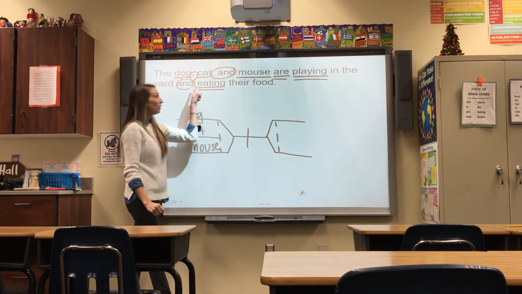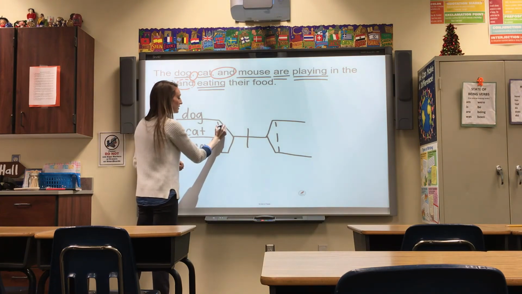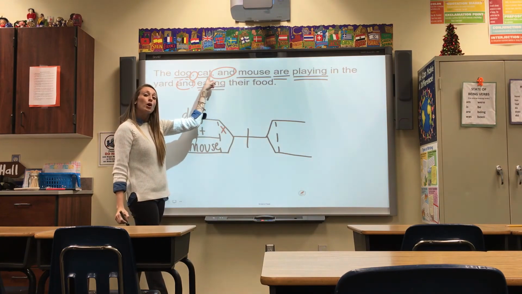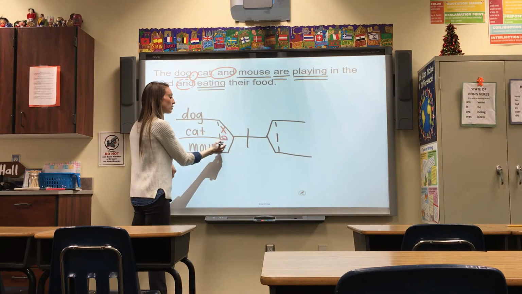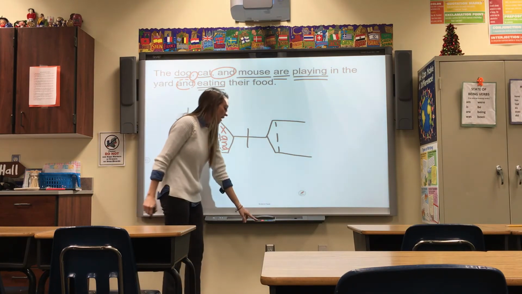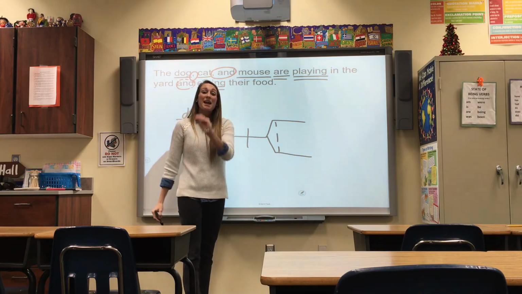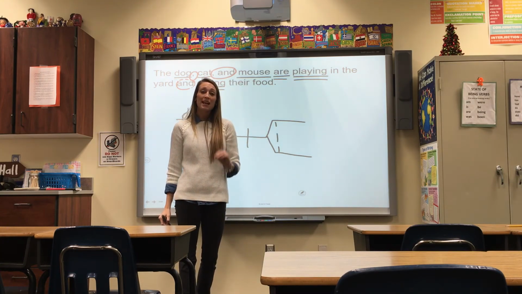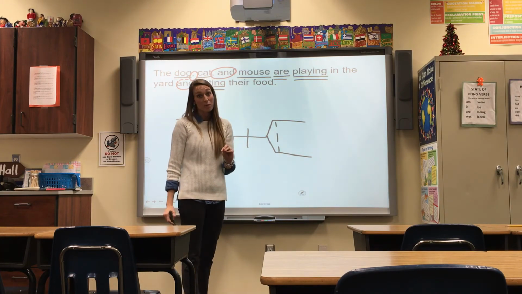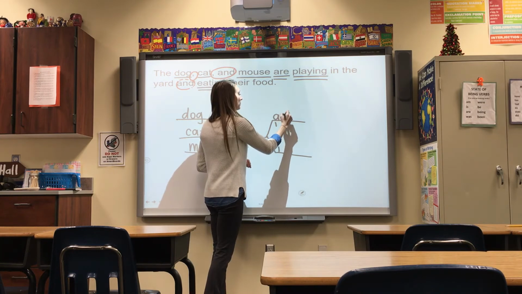I have a comma without a connecting word, so that is an X. This and overrules this comma, so I write and. Now, on my verb side, my helping verb has to stay on the same line as the verb it's helping. Are playing.